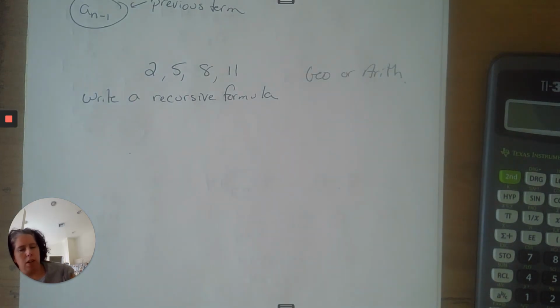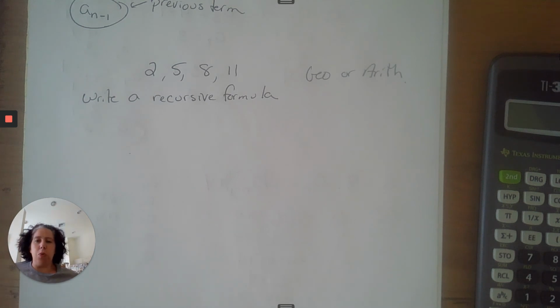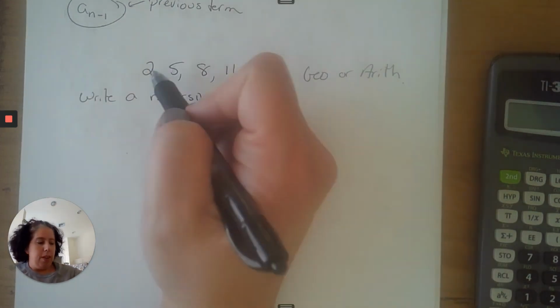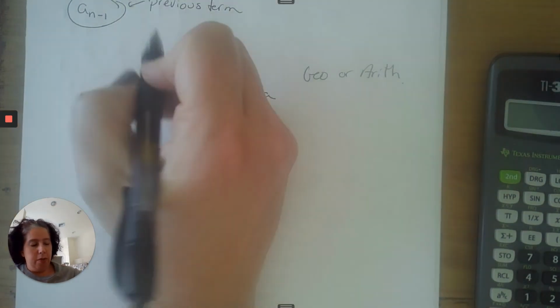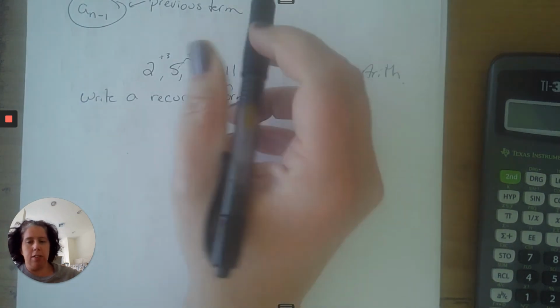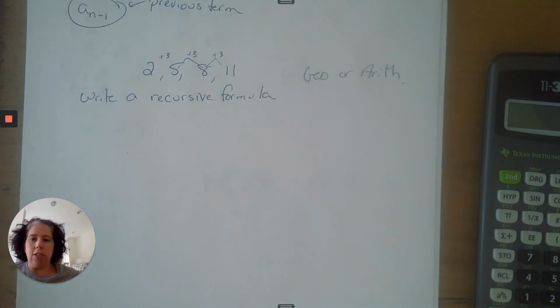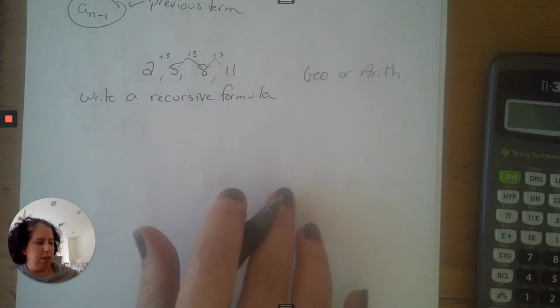That determines whether you're going to add, subtract, or multiply. So again, how do you get from 2 to 5? Well, I can add 3. If I add 3 to 5, am I going to get 8? Yes. If I add 3 to 8, am I going to get 11? Yes. Awesome.